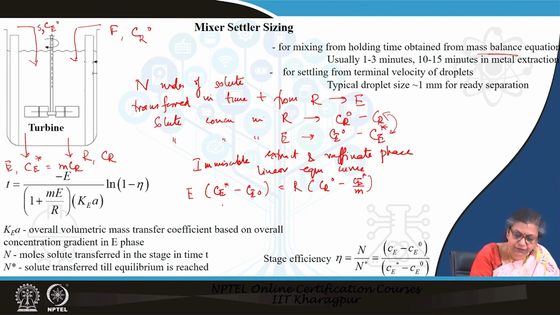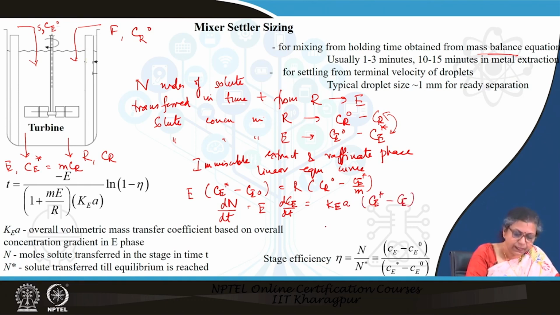Now, during a differential time dt, the total amount of solute that has been transferred is naturally equal to E dCe/dt, which is equal to, from mass transfer considerations, KEA (Ce star minus Ce). If instead of considering the extract, we would have considered the raffinate, then in that case also we could have written it down and expressed it in terms of KRA, etc.